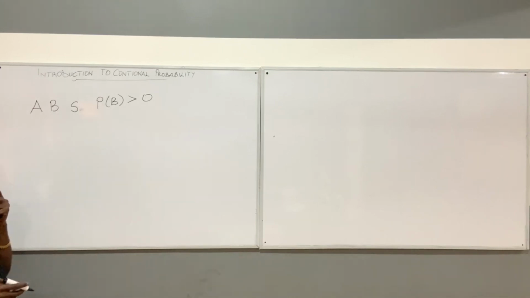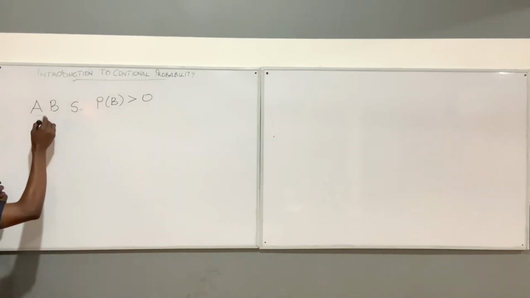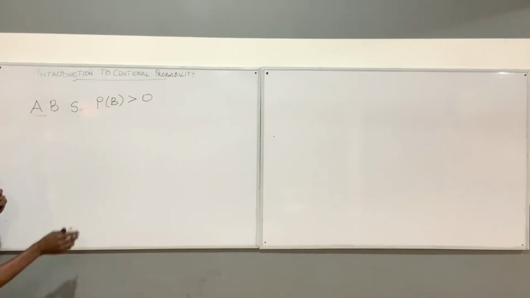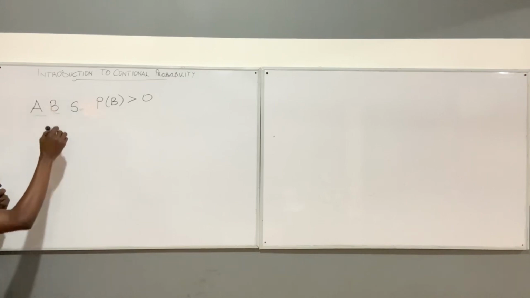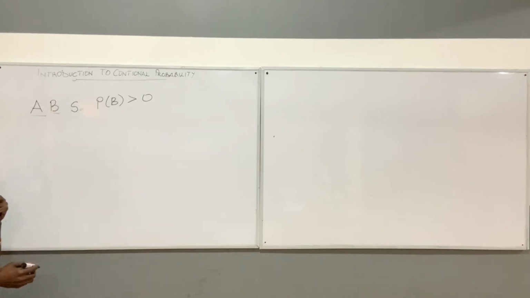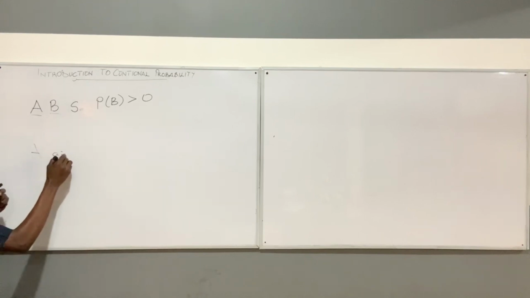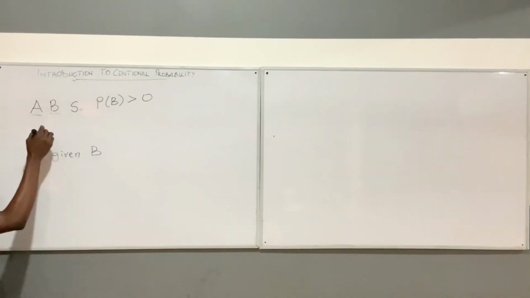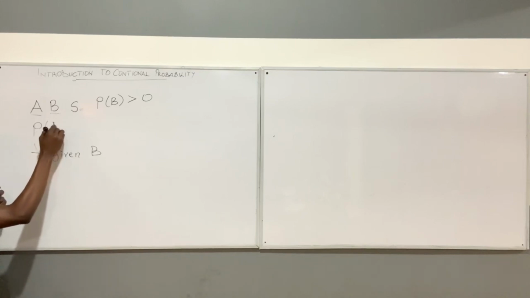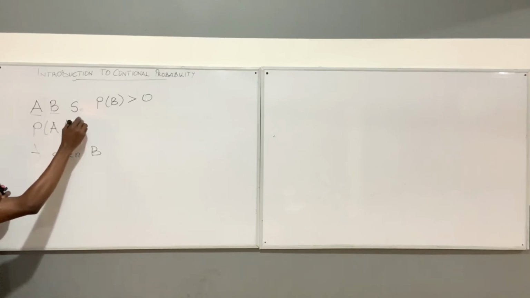Then the probability that event A will occur given that event B has already occurred is the conditional probability of A given B, and this is denoted by the probability of A given B.